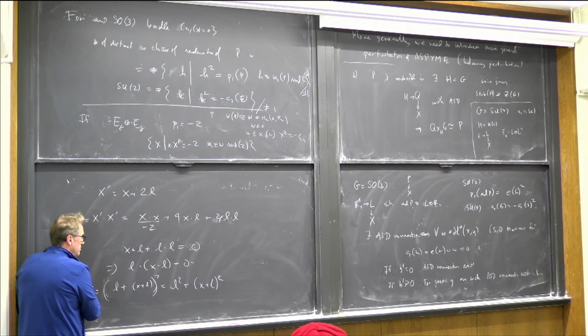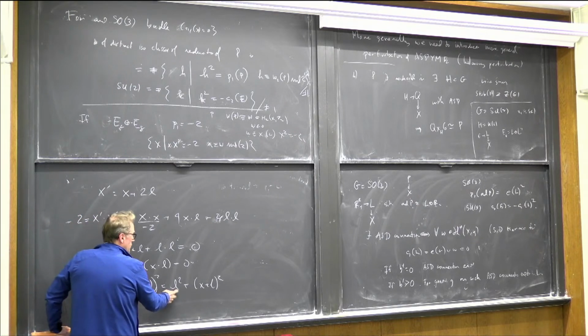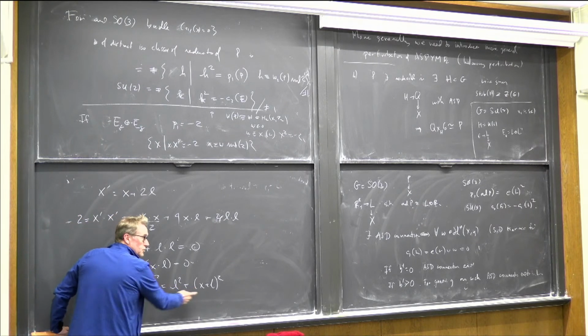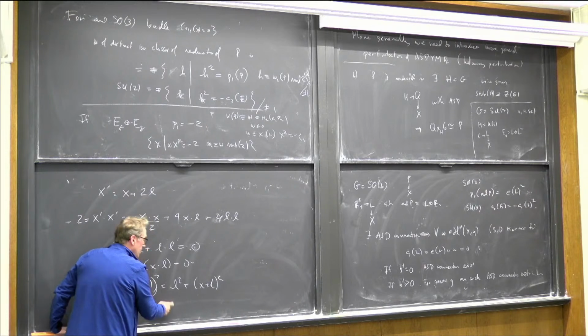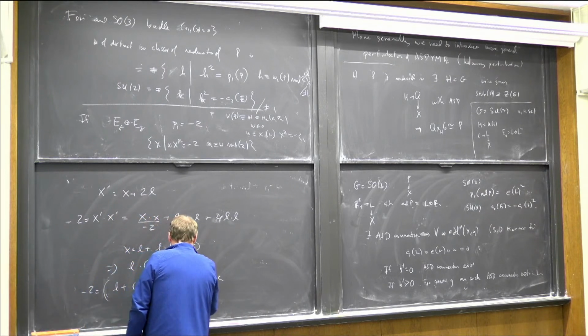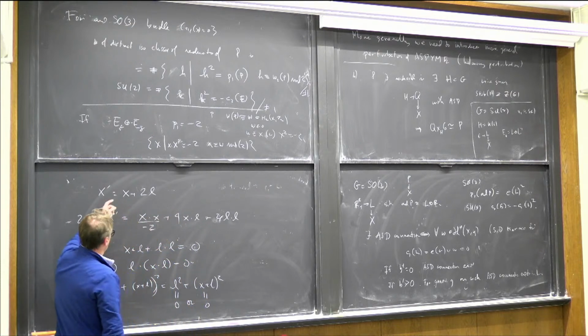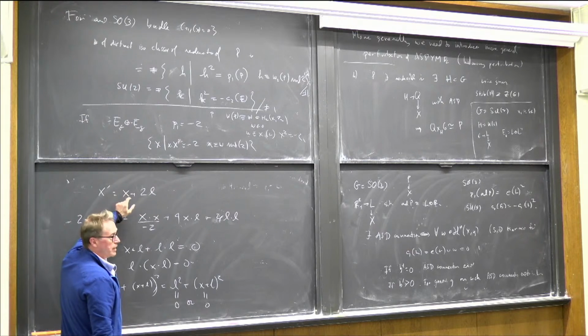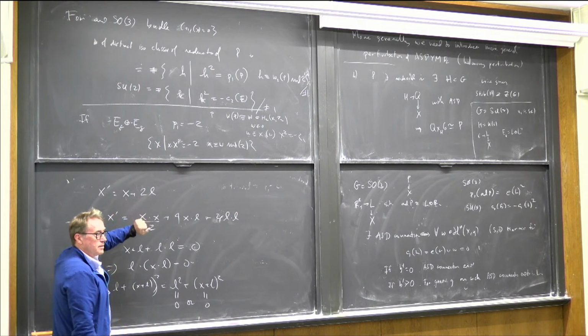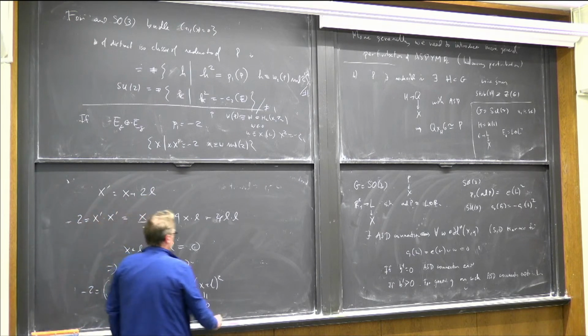This is the maximum you can get. So one of these has to be 0, which is just saying that the only solutions to this are x and minus x.